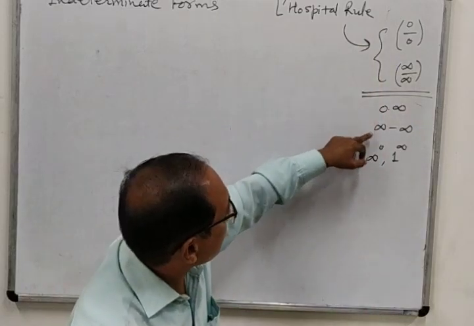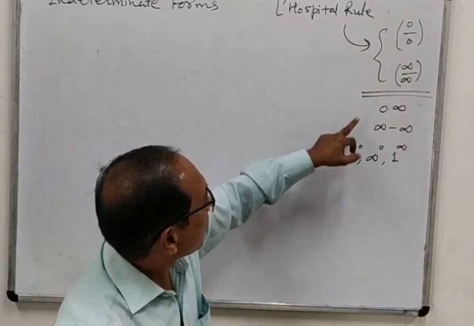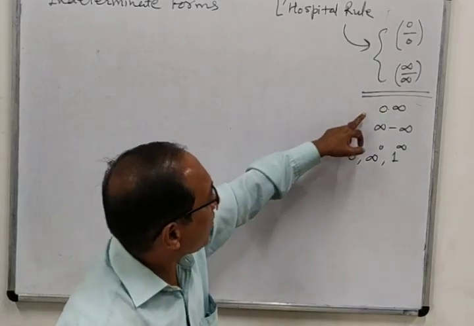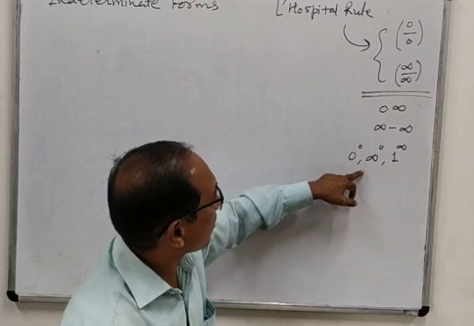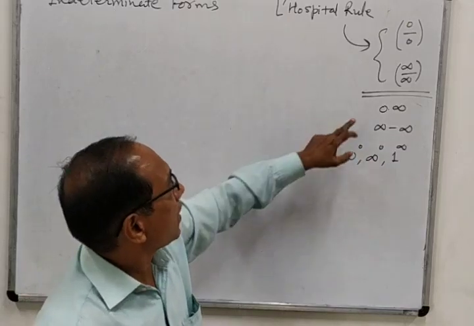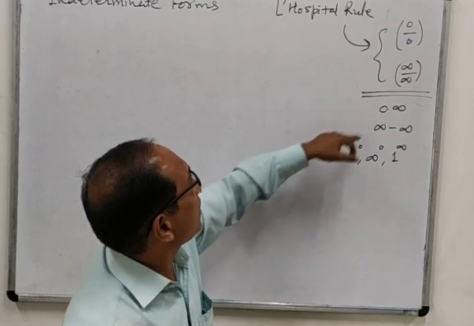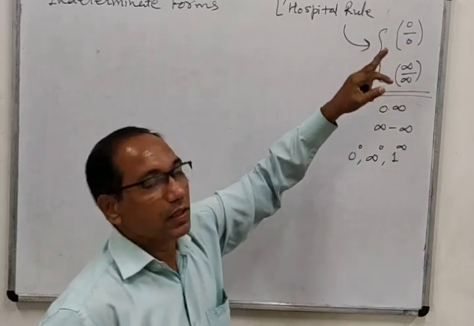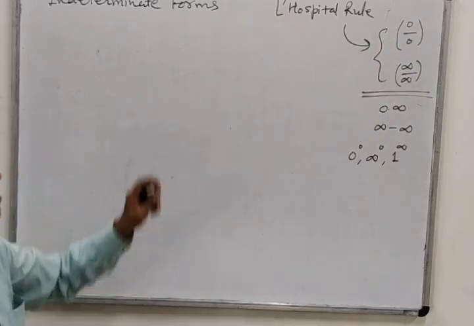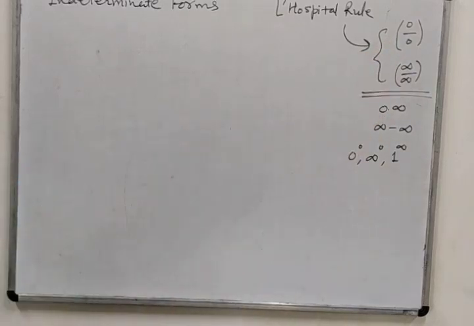These others are the indeterminate forms in which L'Hopital rule cannot be applied directly. So whenever this kind of indeterminate form arises, we will have to convert it into one of these two kinds. After converting, we can apply L'Hopital rule. This we will understand by considering an example.